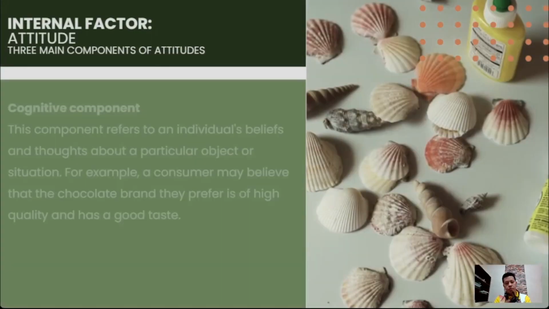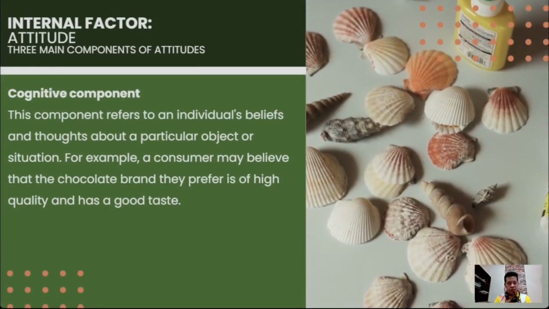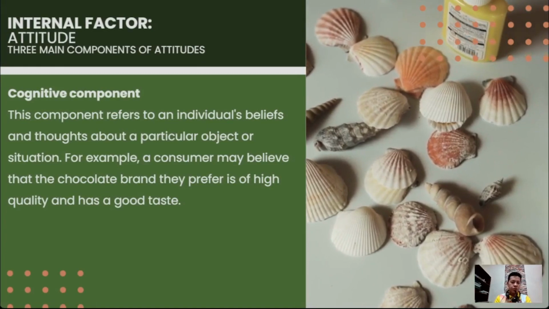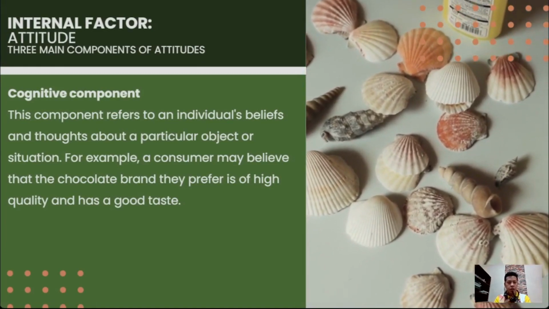Another one is the cognitive component. This component refers to the individual's beliefs and thoughts about a particular object or situation. For example, a consumer may believe that the chocolate brand they prefer is of high quality and has a good taste. So by their intellectual investigation, it may cause them to feel that their product is more superior than all other products because of particular contents of the product.